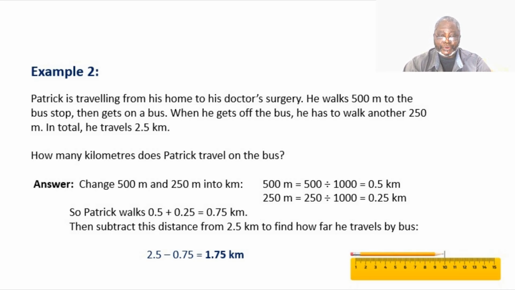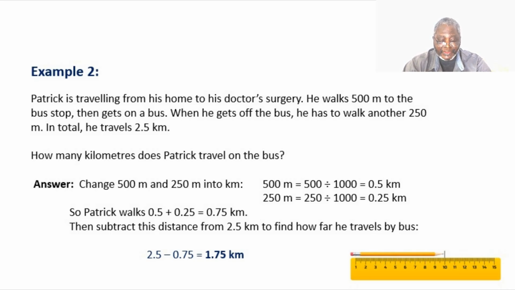What do you do next? You have to add those two answers and subtract it from the 2.5 kilometers, which is the total distance he traveled. So Patrick walks 0.5 plus 0.25, which is equal to 0.75 kilometers.